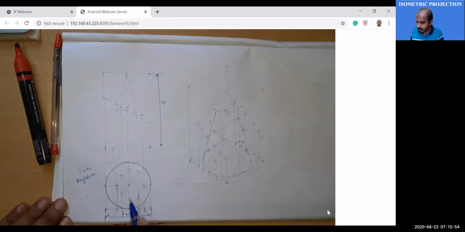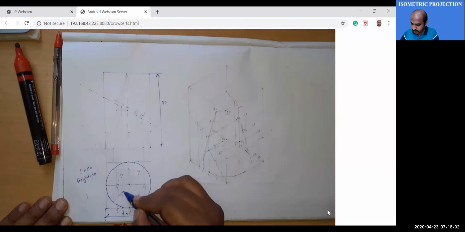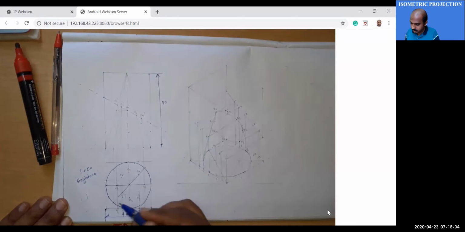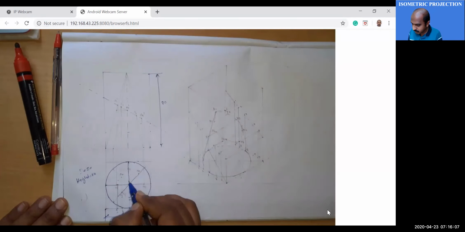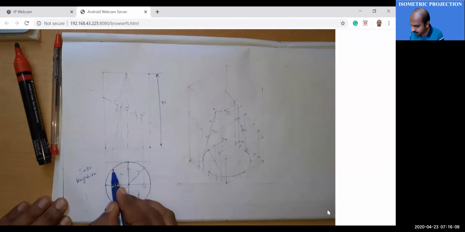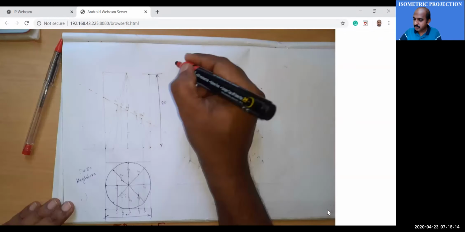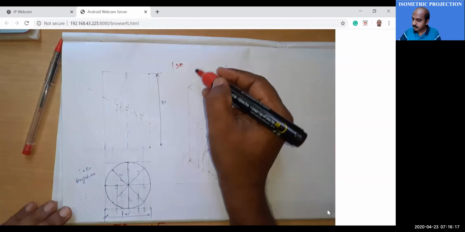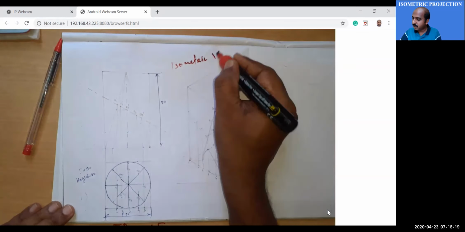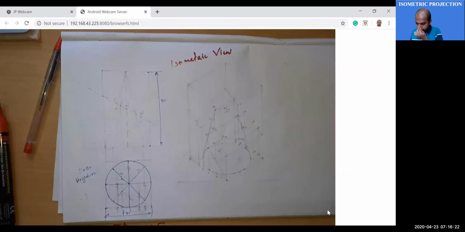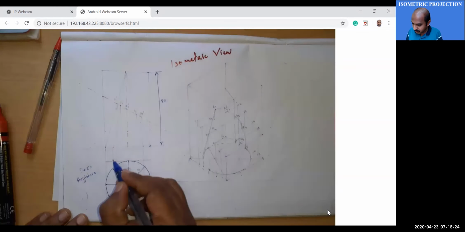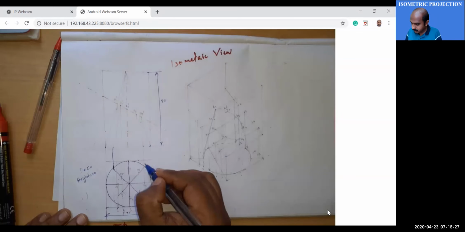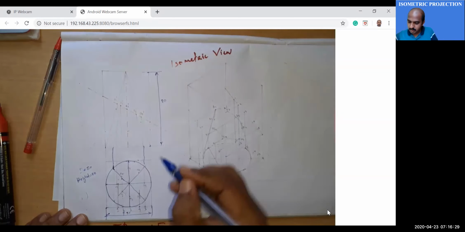Now you divide the circle into 8 equal parts. It is divided here, and I have not given the naming. You can give it, but that is not mandatory because we are solving the isometric view of the solid. Now project from each point to the front view.